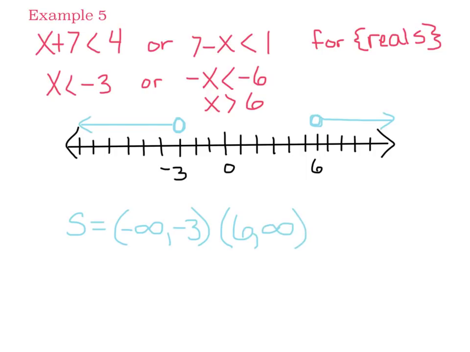You have to do it from least to greatest, and sometimes you might see a U in between, U for union, 6 to infinity. The U is not required. If you like it, put it. If you don't, that's fine, but if you ever were to see that, that's all it means. And this is called a disjunction.